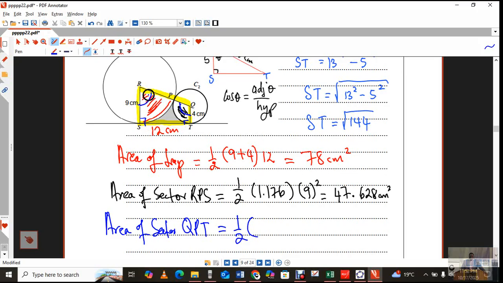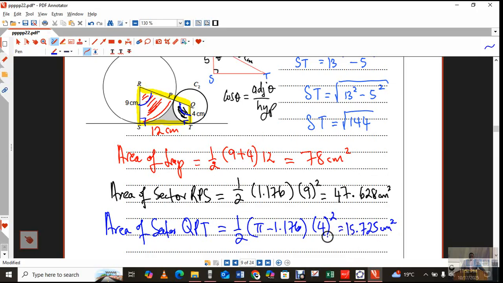So whatever this one is going to be, it's pi minus that particular angle. So I'm going to write here pi minus 1.176. Very important that you understand the concept. And then its radius there is 4, squared. If you calculate this out, you'll get 15.725.